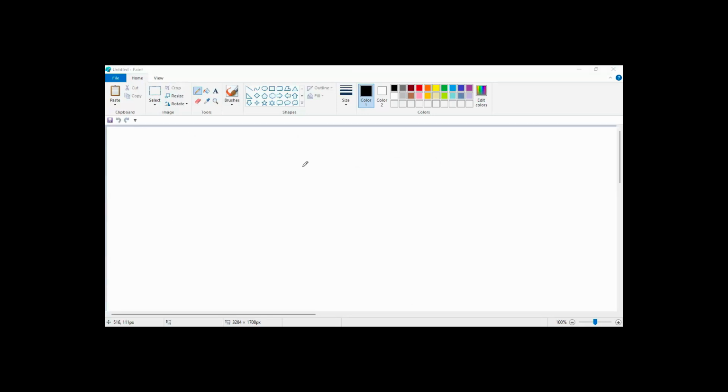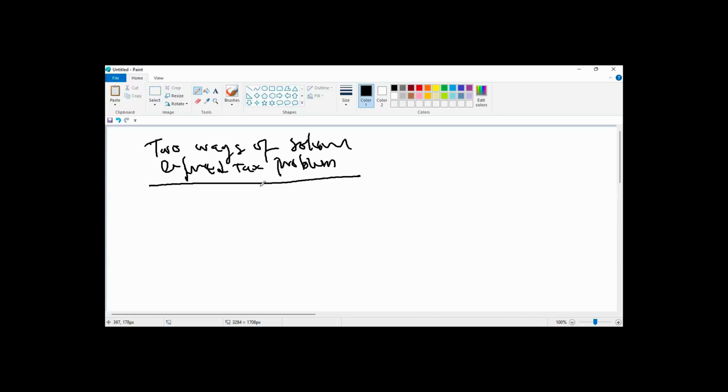So, question 5. A, distinguish between two perspectives of identifying deferred tax balance in the financial statement. To identify deferred tax, we have two methods, two ways of solving deferred tax problems.